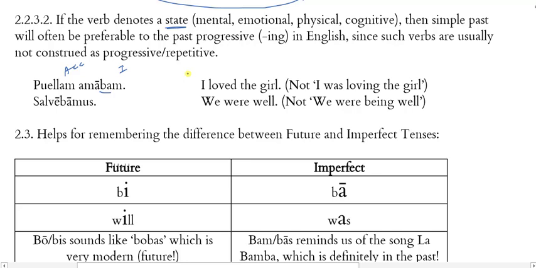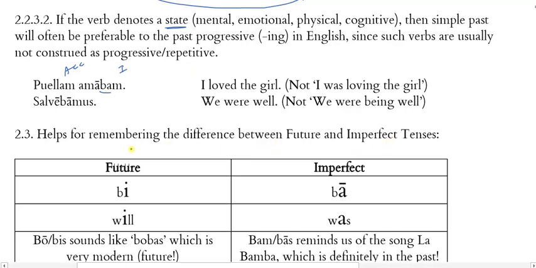And then you might translate it as I was loving the girl. Well, that just sounds odd in English, doesn't it? We want to translate this as I loved the girl, because the verb love in the past tense as an imperfect verb already sort of has inherent within it that it's a state that unfolds in time.